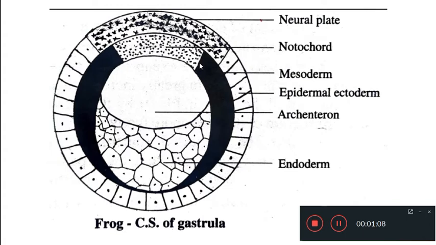So because of the involution of the notochordal tissue and mesoderm and the following events in gastrulation, this notochordal tissue plus mesoderm will form a sheet which is seen towards the longitudinal axis of the embryo on the dorsal side, and this is called the chorda mesodermal mantle.